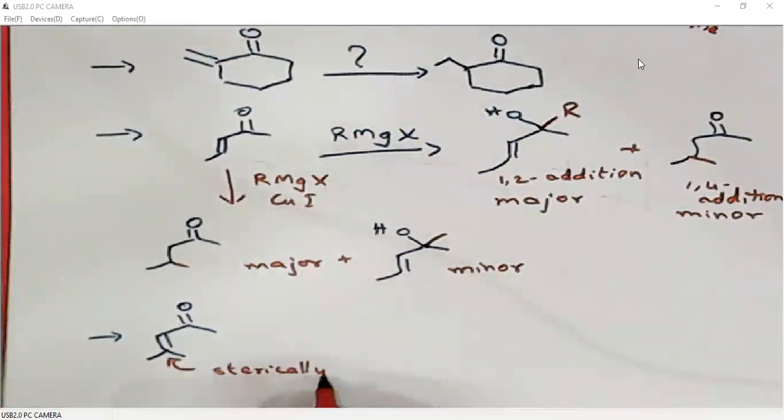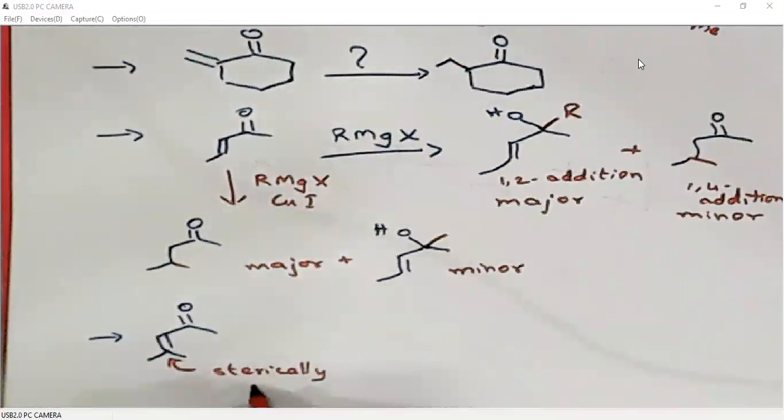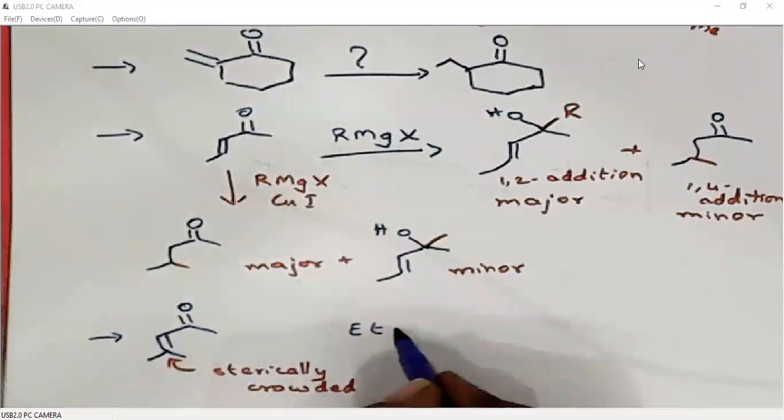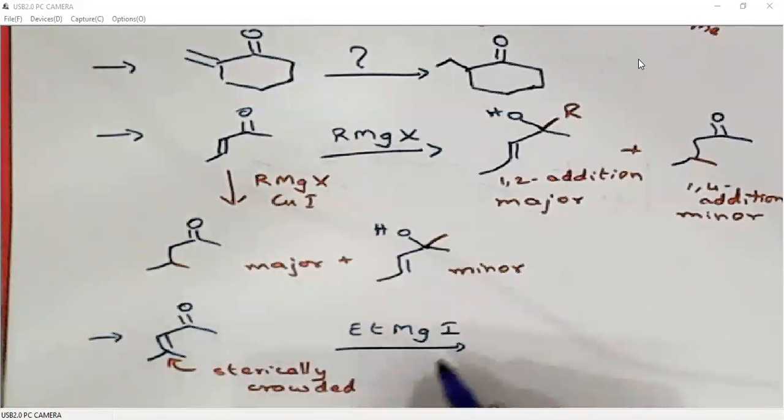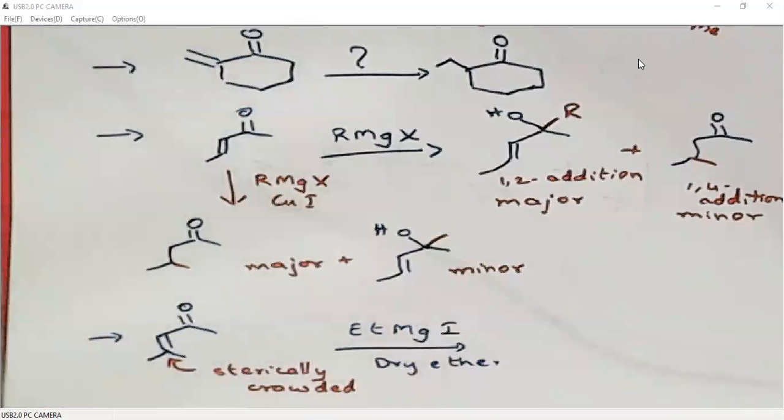So when we do Grignard addition, here we don't have major and minor products.